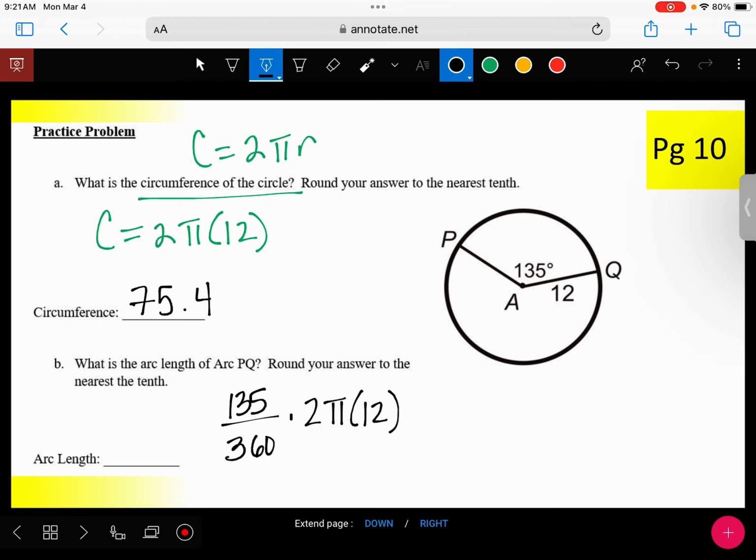Go ahead, type that in your calculator. And that should give you 28.3. Who had 28.3?